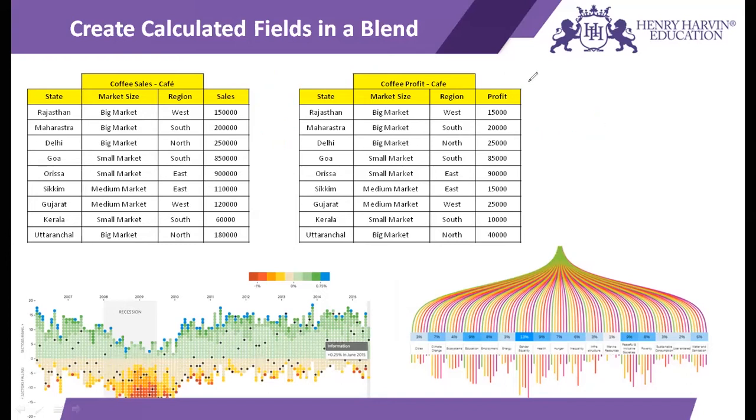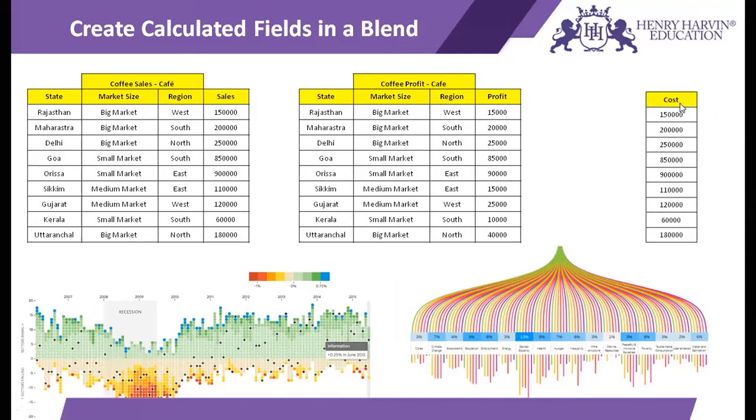Without much ado, let's see furthermore. Since I have to calculate the cost, which is something like this, how will we find this value using these data sources? So first of all, we perform data blending and combine these two sources in a Tableau workbook, and then I'll create a calculated field to calculate the value of this cost.